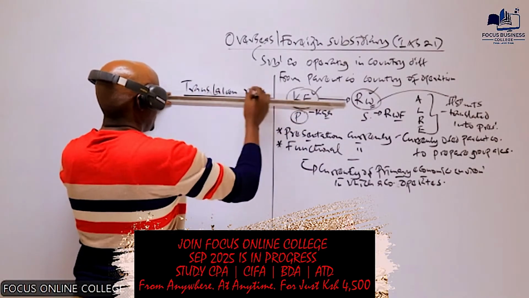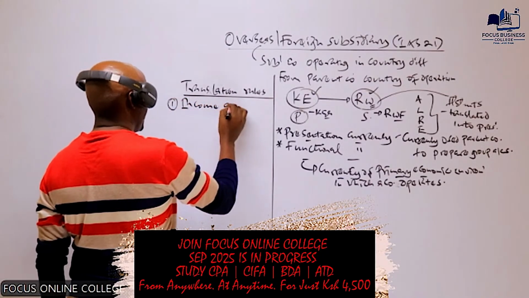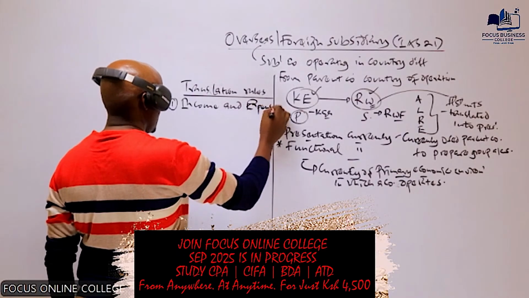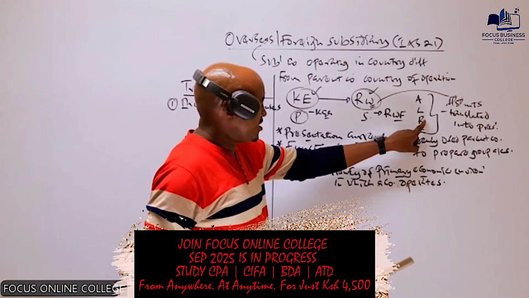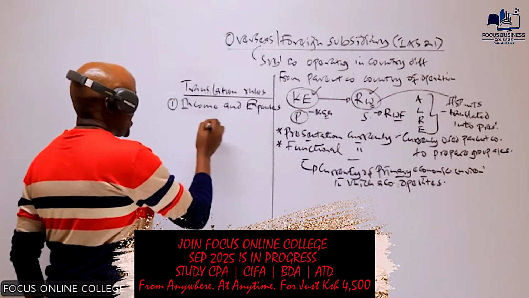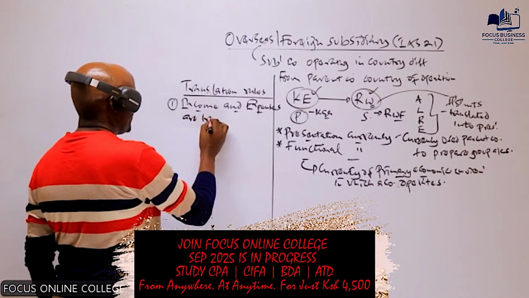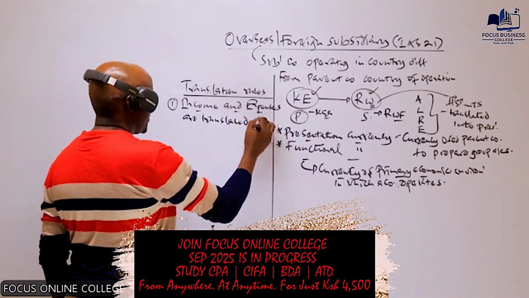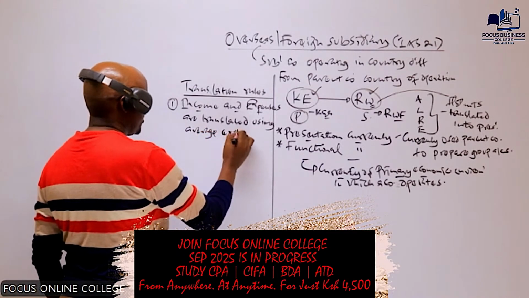Number one, when translating the items of incomes and expenses, and remember in this case what we are translating are the incomes and expenses of this foreign subsidiary, they are translated using something called the average exchange rate.